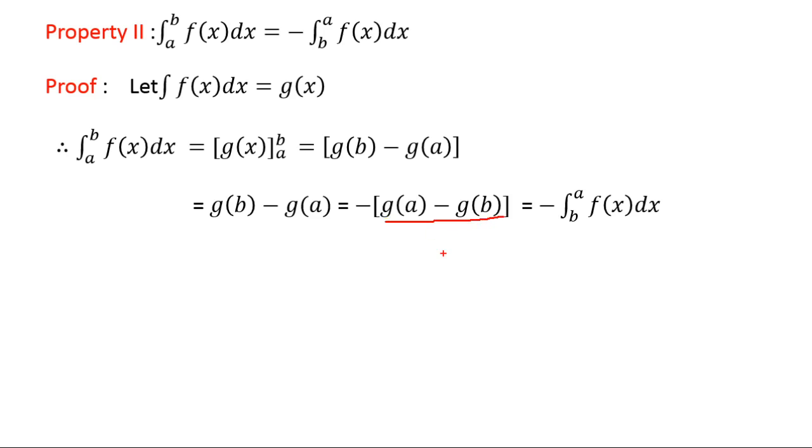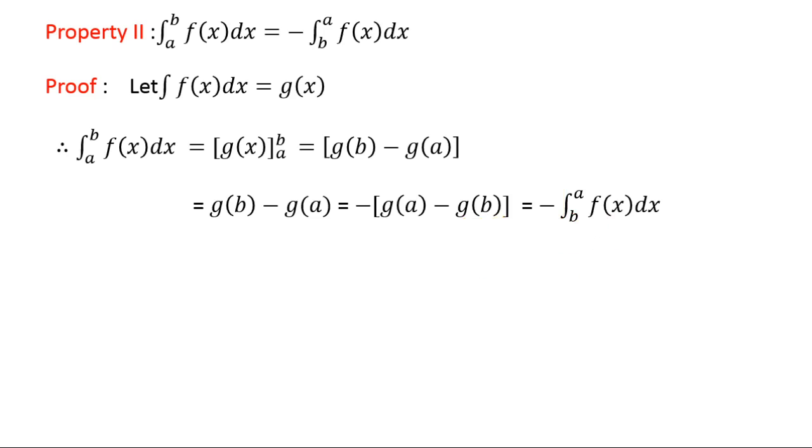The g of a minus g of b is the value of integration from b to a of f of x. So this is g of a minus g of b, and the minus sign is outside the bracket. This is the value of the integral from b to a of f of x. So this proves the second property.